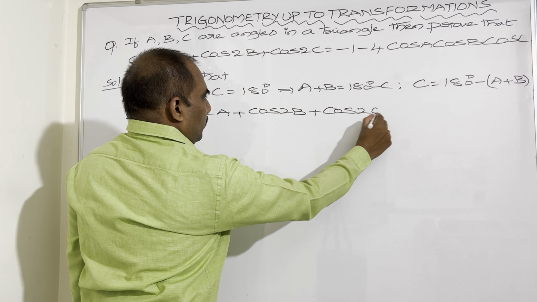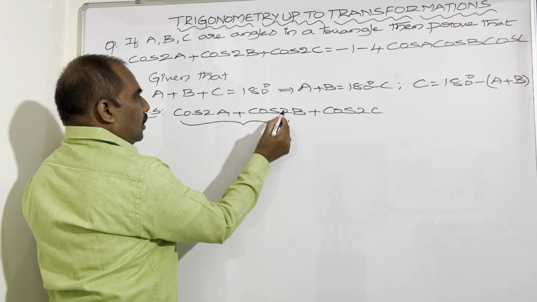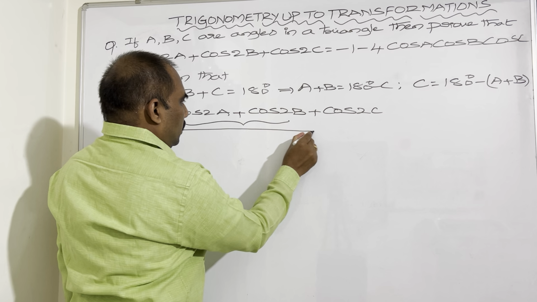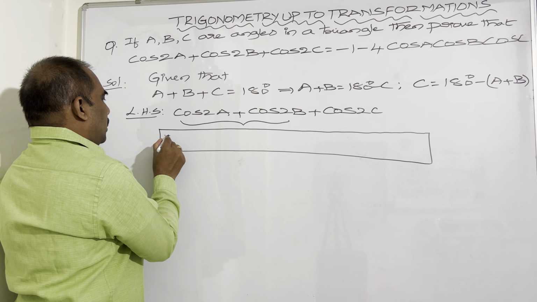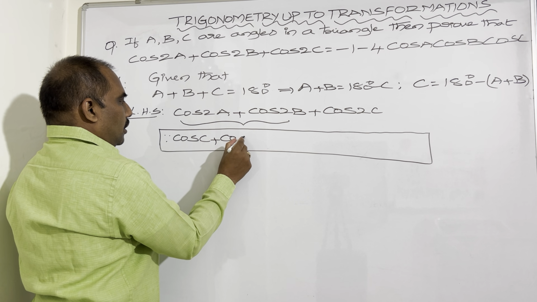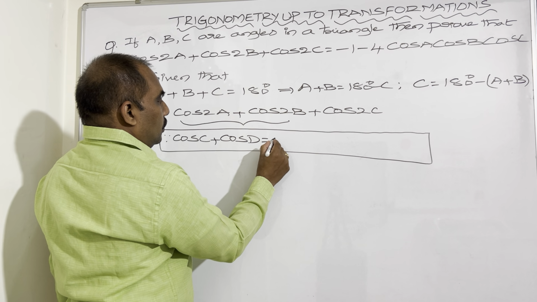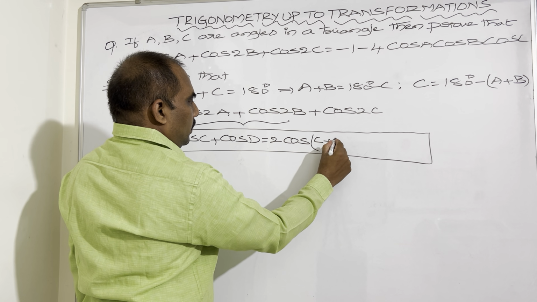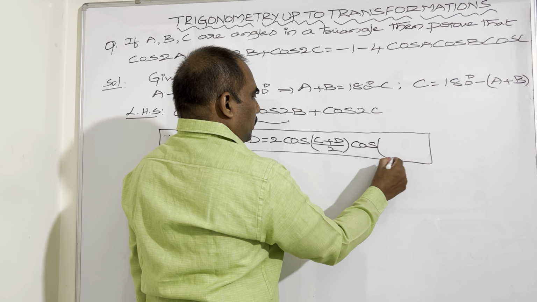Here, considering the first two terms, cos 2A plus cos 2B, it is in the form of one of the properties, like cos C plus cos D. We have one formula: cos C plus cos D is equal to 2 cos of (C plus D) by 2 into cos of (C minus D) by 2.